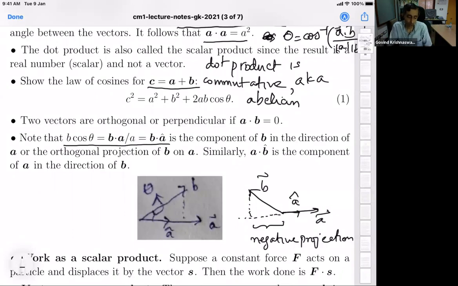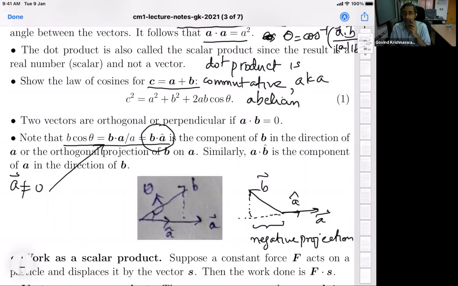Then you take the dot product of B with the unit vector in the direction of A. That quantity is called the projection or the component of B in the direction of A. Written out explicitly, it would be B dot A divided by the length of A. So clearly, I cannot project in the direction of the zero vector, because I need a unit vector, and the zero vector cannot be normalized into a unit vector. In particular, I need A to be a non-zero vector to make sense of this concept.